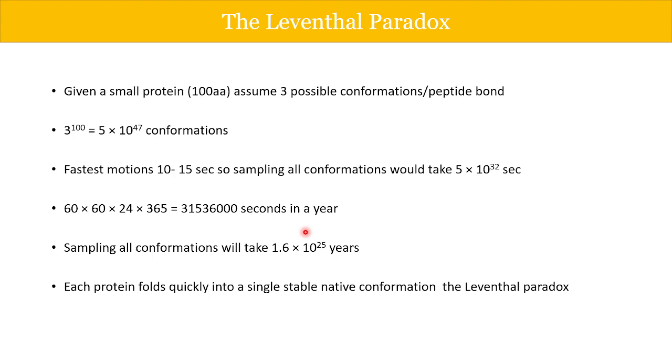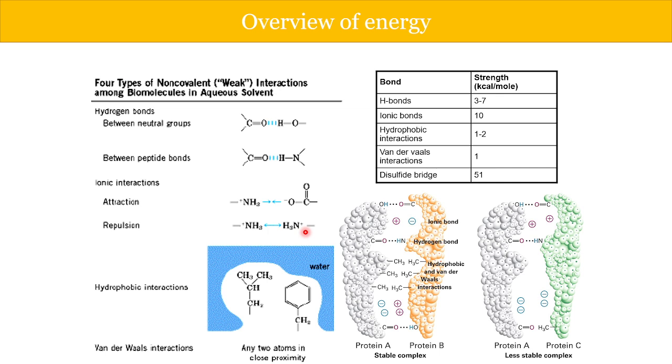If a protein has 3 different conformations, we can assume that every amino acid should have 3 different conformations, right? But not every amino acid can attain 3 different structures. That reduces the number, and ultimately we get the protein folding in probably a few minutes or hours, depending on the size of the protein. So that's the entire mystery about the Levinthal paradox.